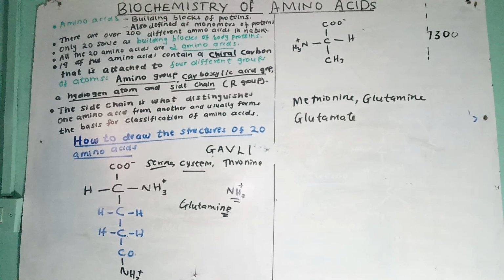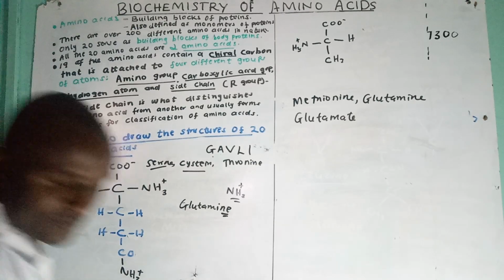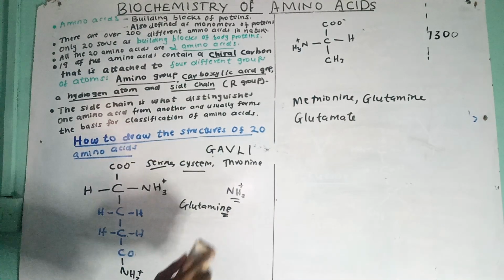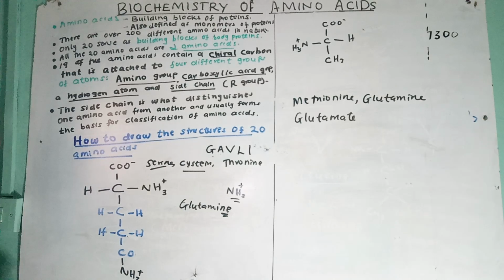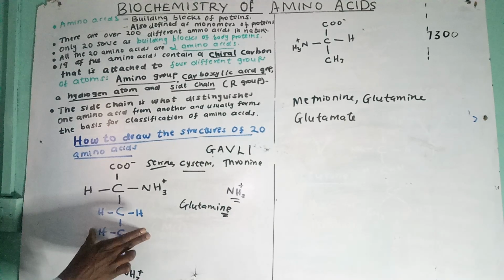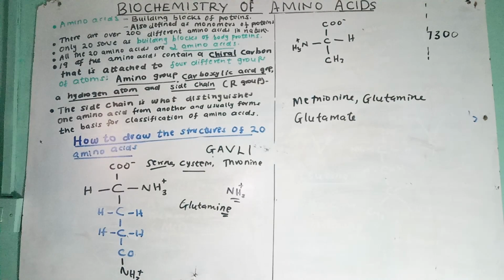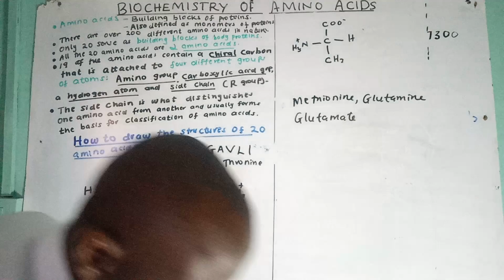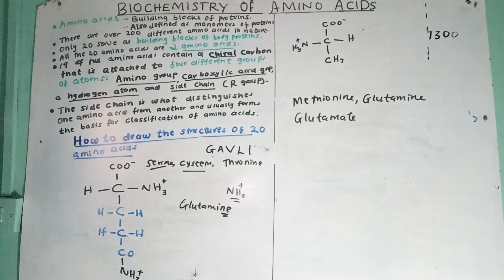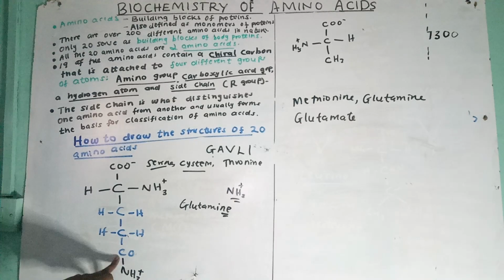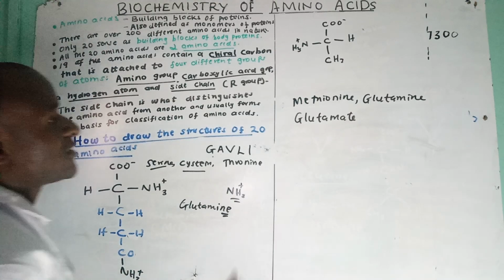Then we have asparagine. The only difference between asparagine and glutamate is that asparagine has one CH2 less. If we remove one CH2, we get asparagine. So let's see.